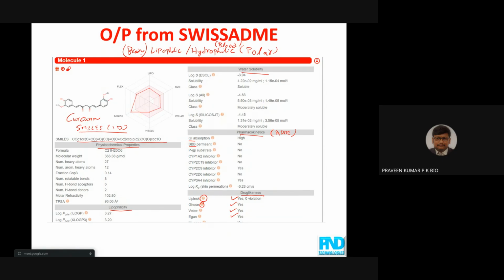Then only can they penetrate the brain. In our case, if you're simply using it for treatment of antiviral infections, we should get no. Our curcumin is showing no. It means that it is a hydrophilic drug. See how I am telling hydrophilic: OH groups are present plenty on the surface.